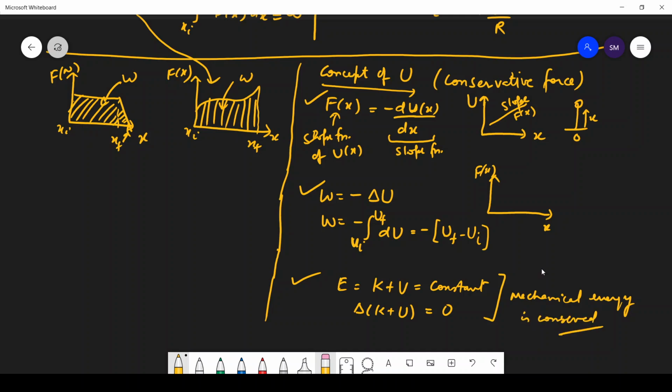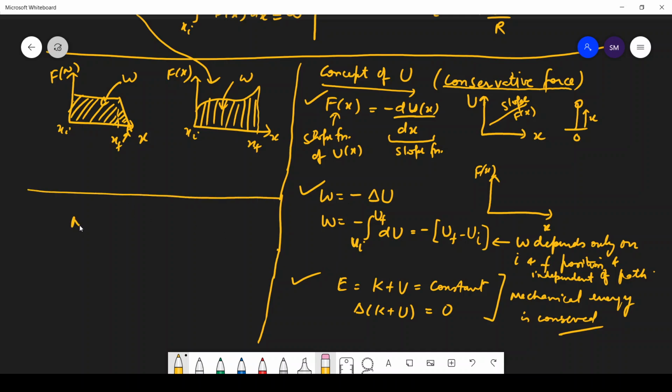So students, this is conserved only if we have conservative force. And the work done by the conservative force depends only on initial and final position and is independent of the path taken by the object. So these things are only for the conservative force.